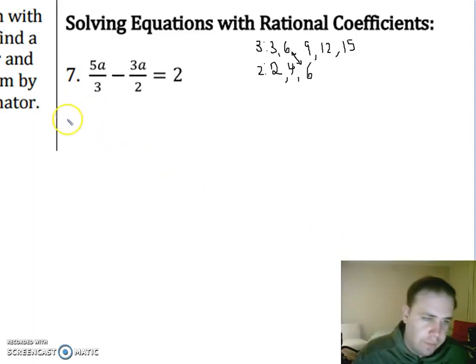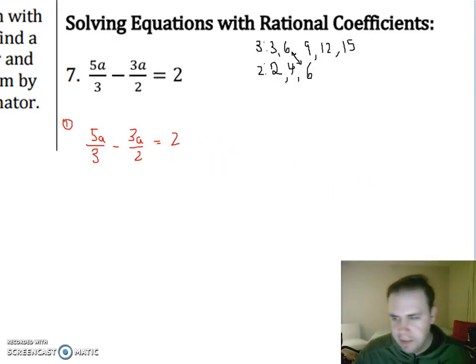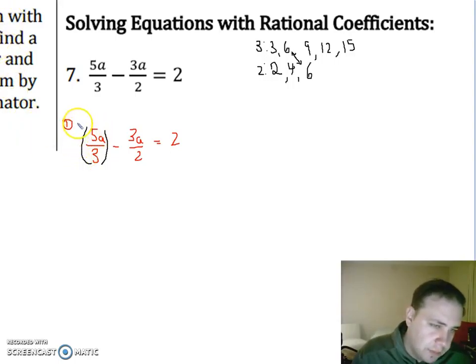So first step, numero 1, rewrite everything: 5a over 3, take away 3a over 2 equals 2. That's the first step. Second part, multiply each term. You might want to write this down on the left side, but just star that. Multiply each term by that common denominator.